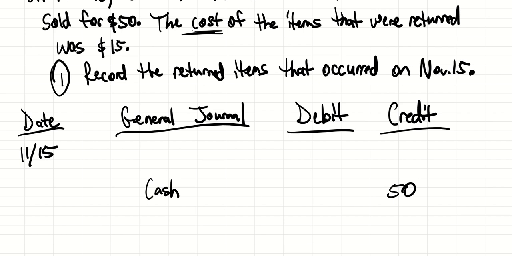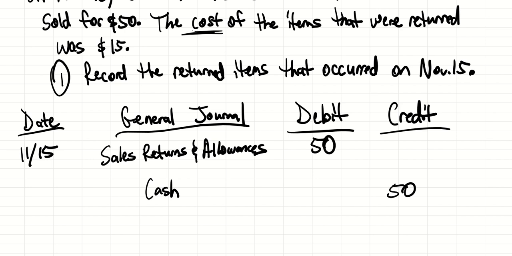The account that's going to be debited is pretty similar to sales discounts. Instead, this is going to be sales returns and allowances. That's going to be debited for $50. The reason I say it's similar to sales discounts is because this is also a contra revenue account that's directly connected to the main revenue account of sales revenue.